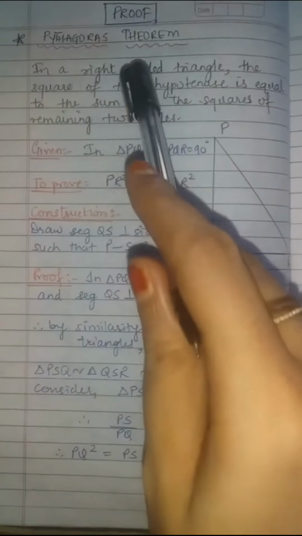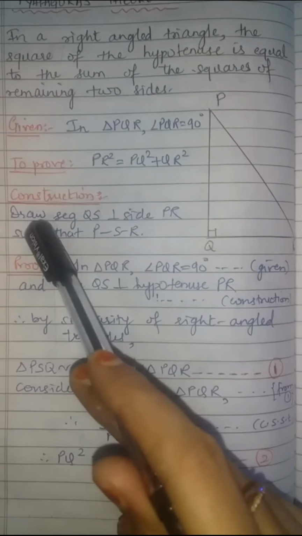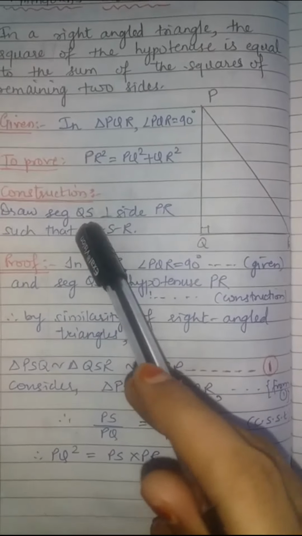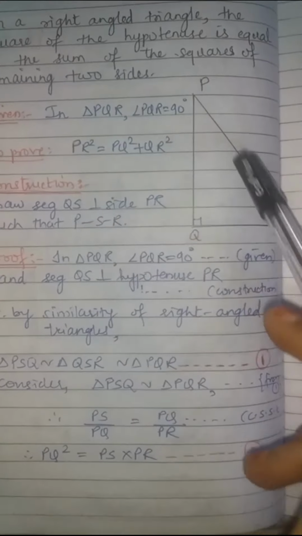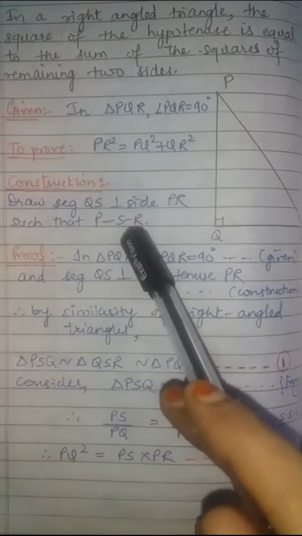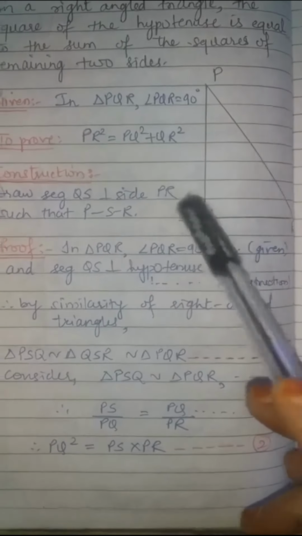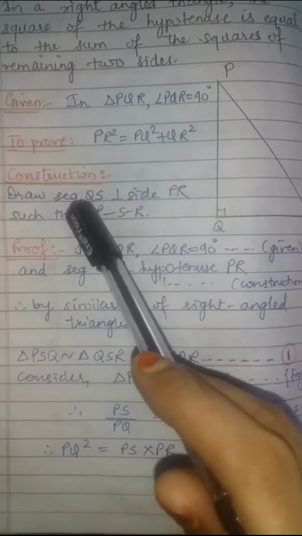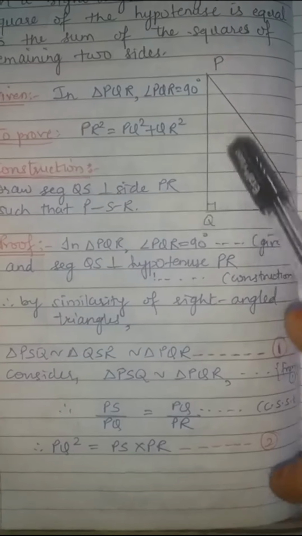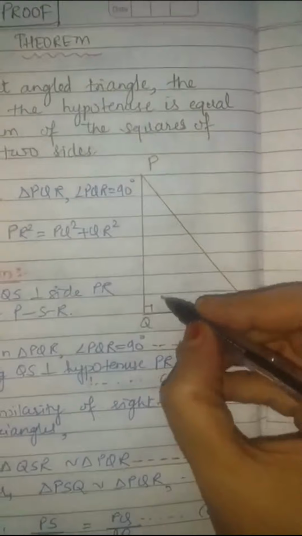Now the proof of this Pythagoras theorem needs a small construction. We are going to draw a segment QS which is perpendicular to side PR such that P-S-R. Let us have the construction.